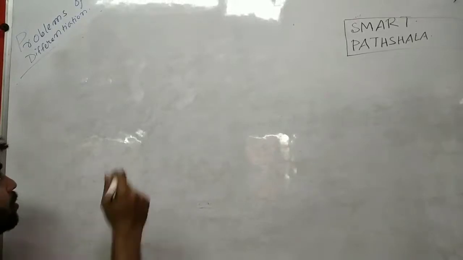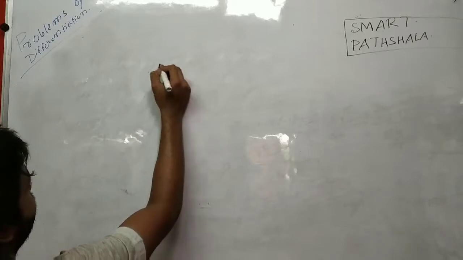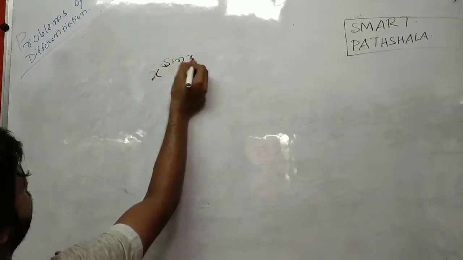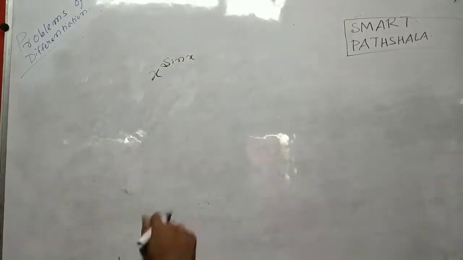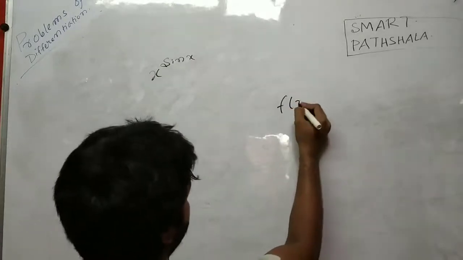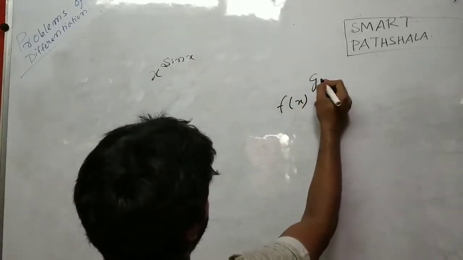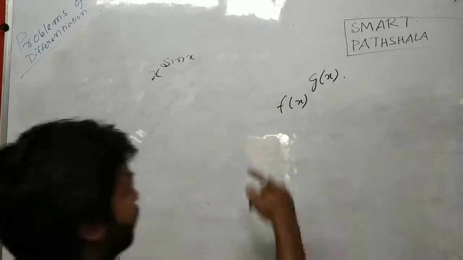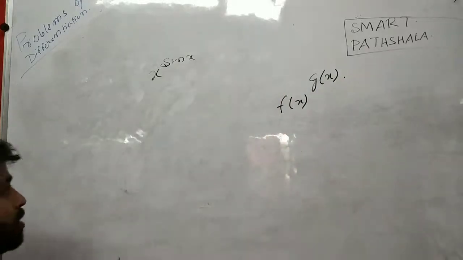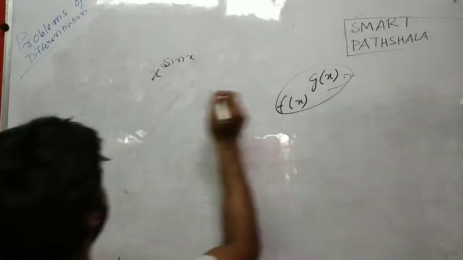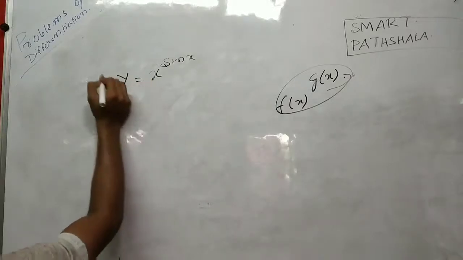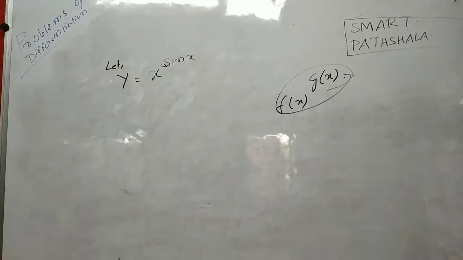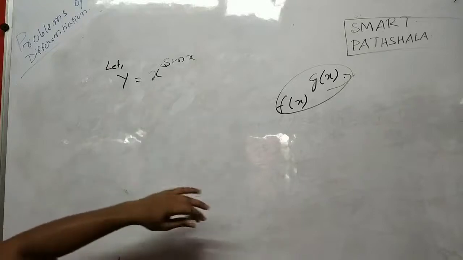Okay. Now we'll solve a special type of problem when we have one function raised to the power of another function, right? We'll have this type of function f of x raised to the power g of x, right? Okay. Now what we will do in this situation, you just put a y in this situation and take logarithm on both sides, right?